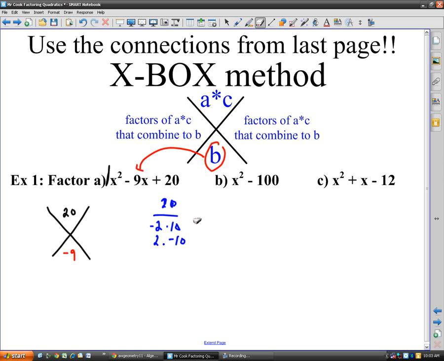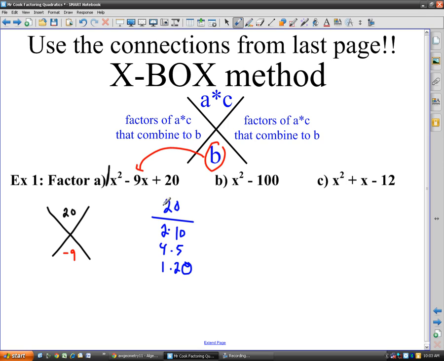All right, so if I do 20, and I'm trying to come up with negative 9, let's just come up with the factors. 2 and 10, 4 and 5, and I think that's really about it. And 1 and 20, don't forget that one. Sometimes that one works. So then if I combine these guys together, they need to get me negative 9.